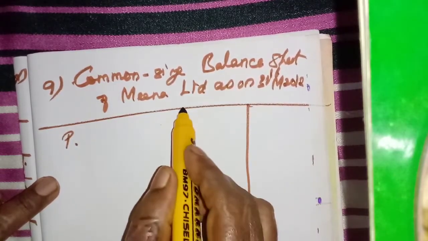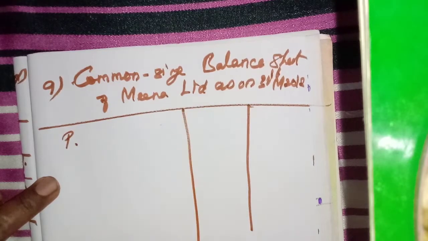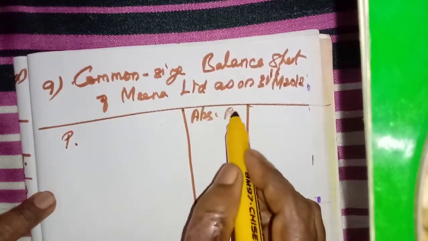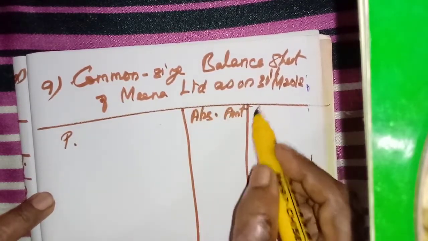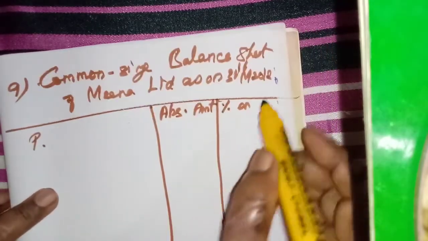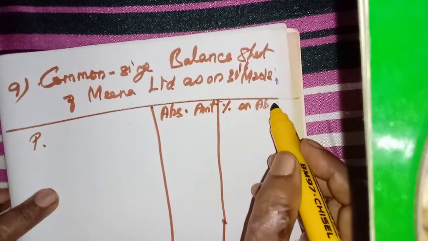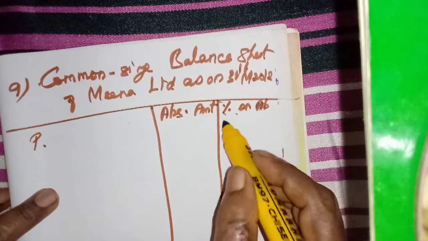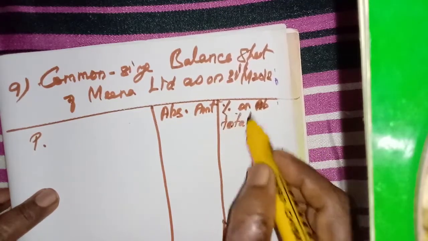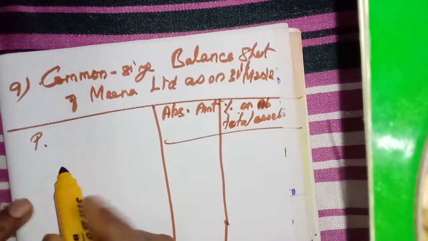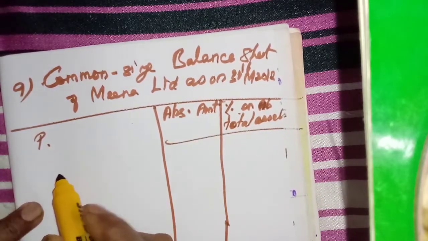Percentage and absolute amount. First one, absolute amount, percentage on absolute amount, absolute percentage on total assets.